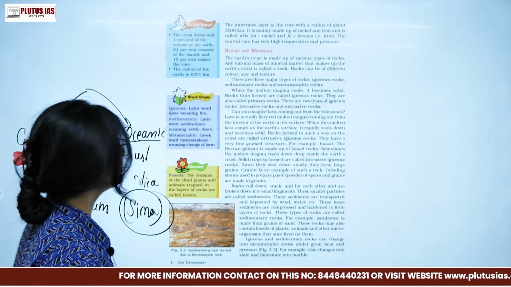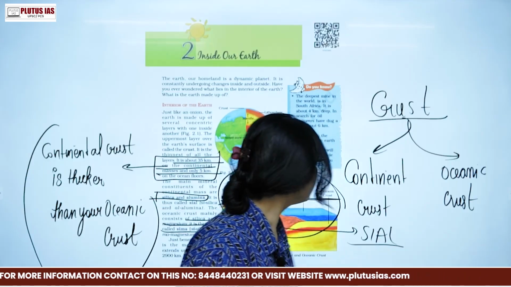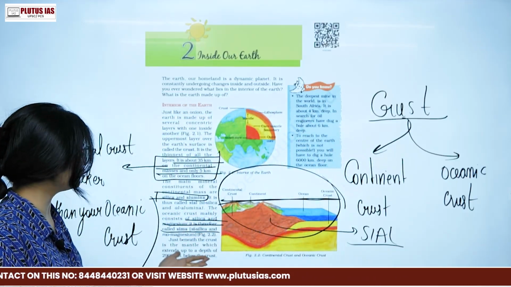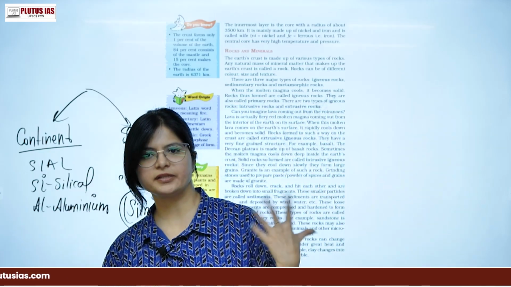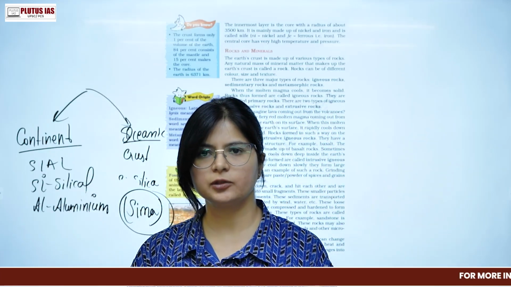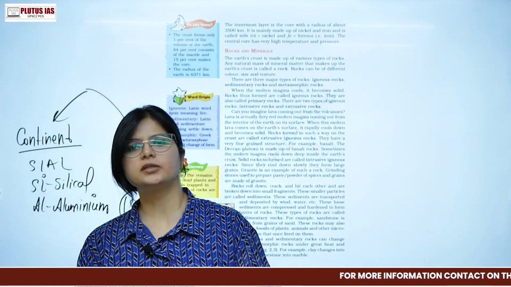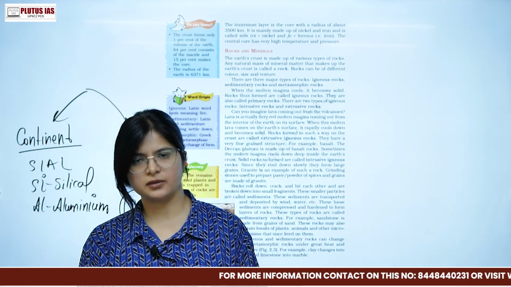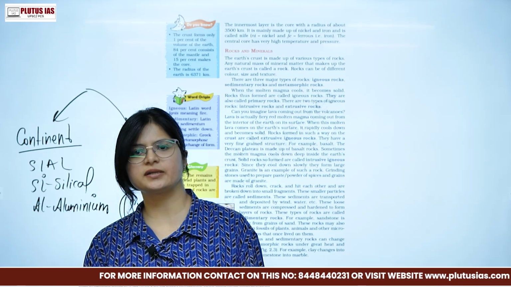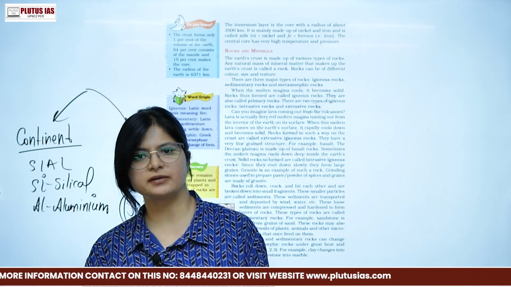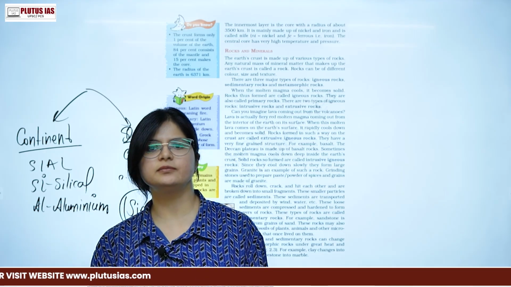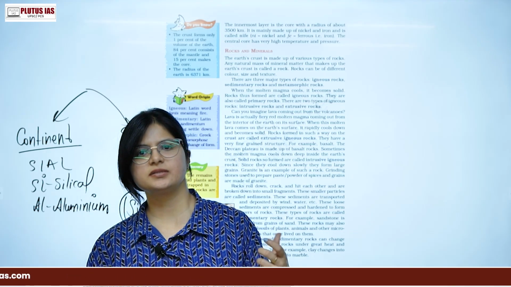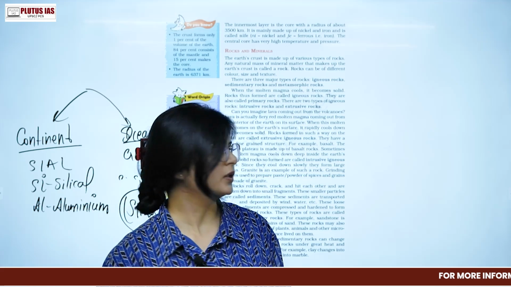So this is how it has been made. One is made up of silica and aluminium, which we call Sial, and the oceanic crust is made up of Sima. So Sial is silica plus aluminium, and the oceanic crust is silica and magnesium.